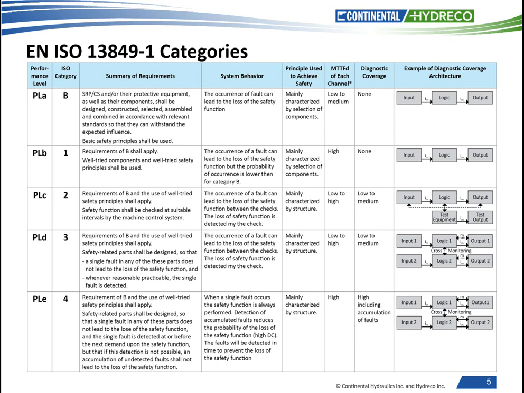Category 4. The difference between Category 3 and Category 4 is a higher diagnostics coverage average and a requirement for all the mean time to failure dangerous ratings of each channel to be high only.